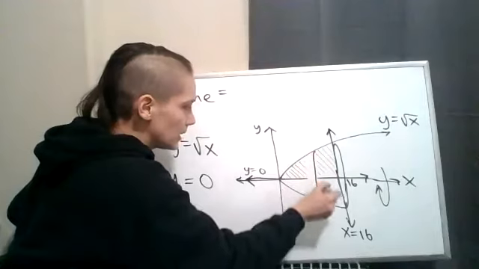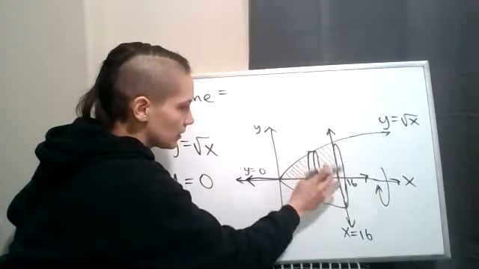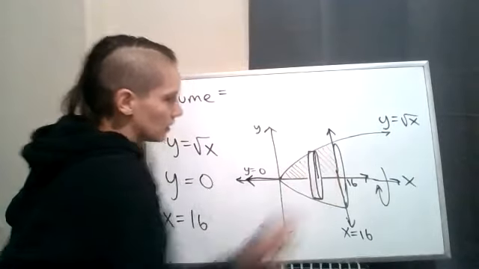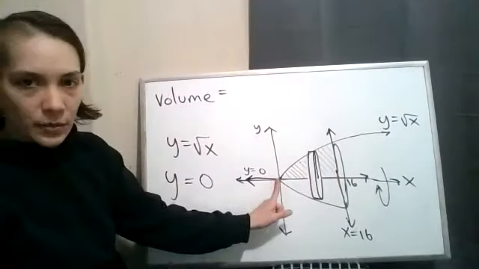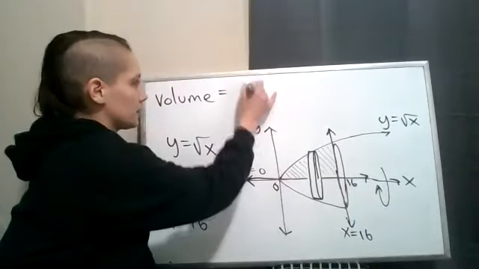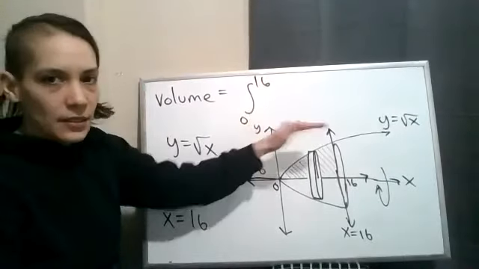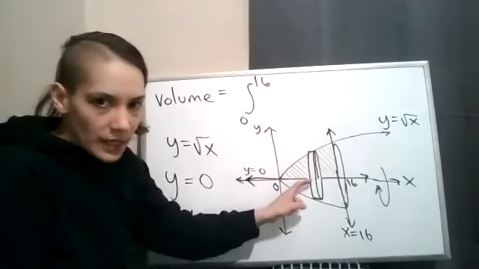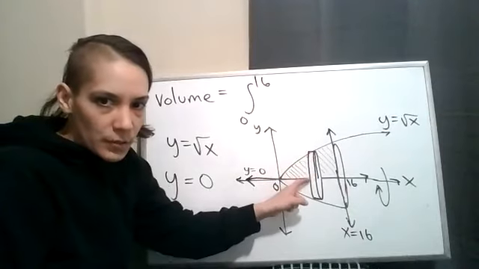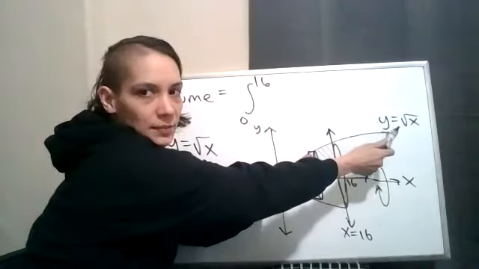So if we're filling this with disks, from x equals 0 to x equals 16, pi times the radius squared dx, where the radius goes from here to here, which would be a height of root x.